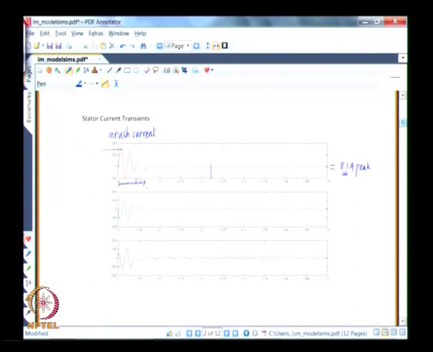One can also see that if you look at this graph, there is a DC component in this that attempts to decay down and go to 0. This waveform is not really symmetric about the x axis. You have 0 here, the first peak is probably about 150, whereas this peak is only about 100. So, there is an offset in this waveform, and this DC component decays down to 0.